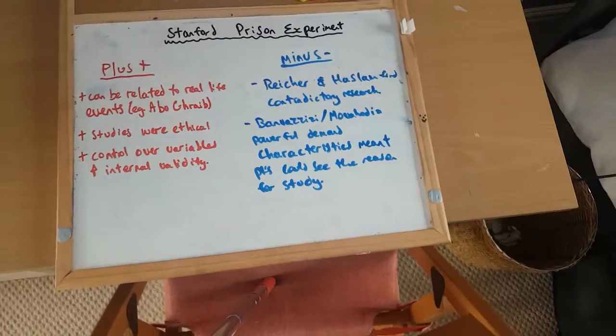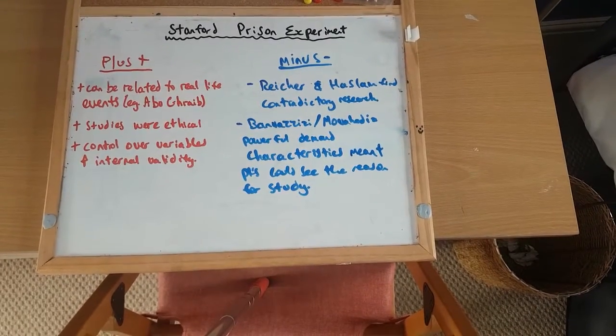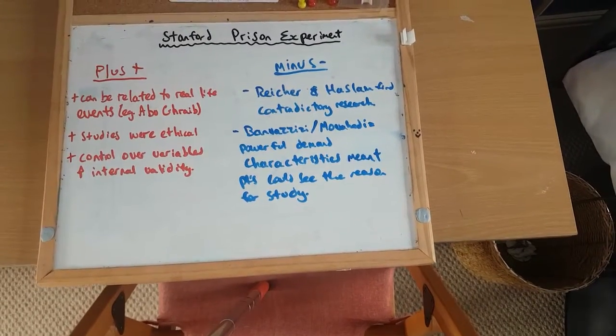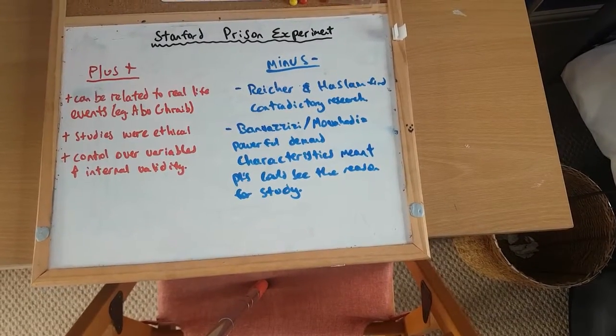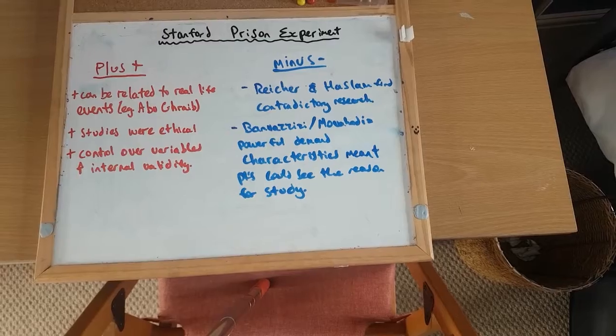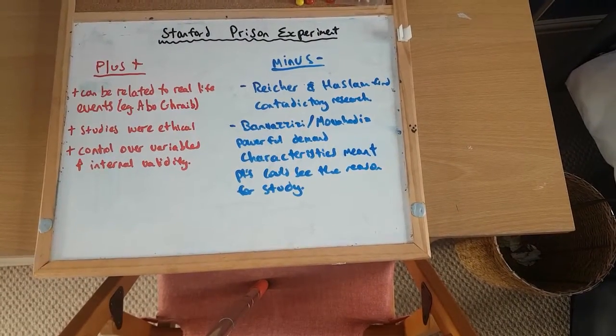However, there are some minuses to this study. Reicher and Haslam did a BBC study, which you can watch on BBC iPlayer or on YouTube. I suggest you do. It was a follow-up study, very similar, but they found contradictory research.